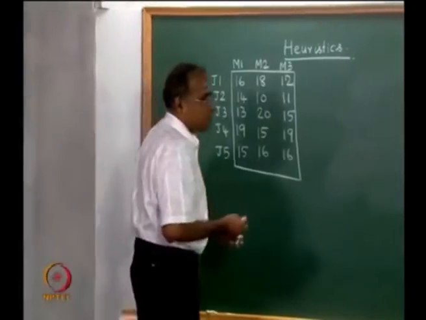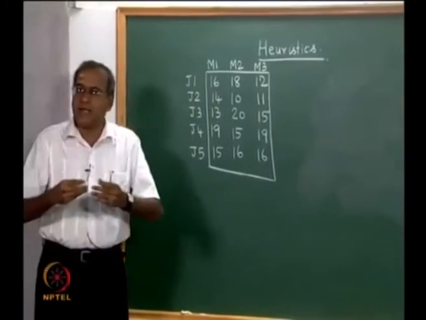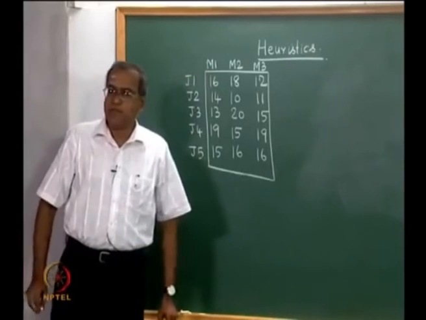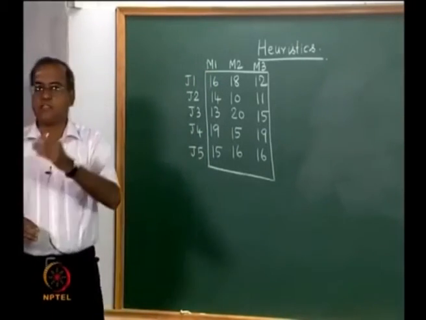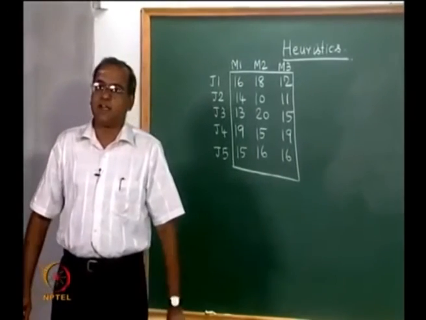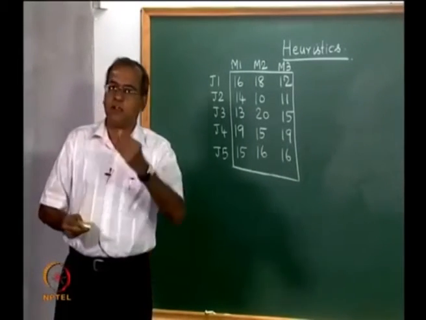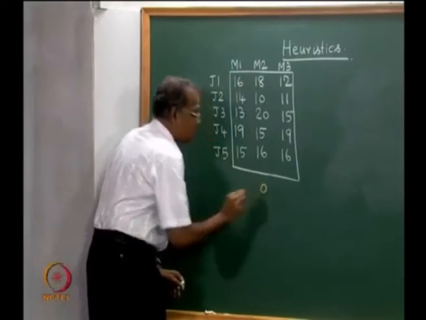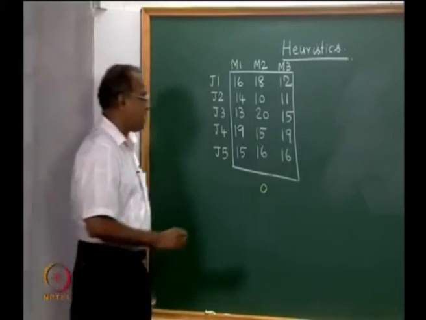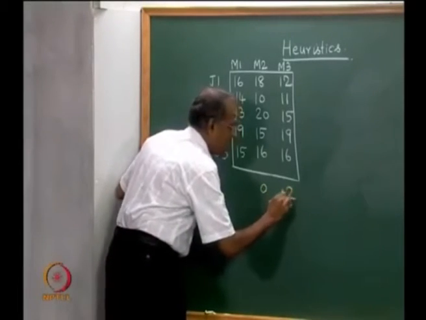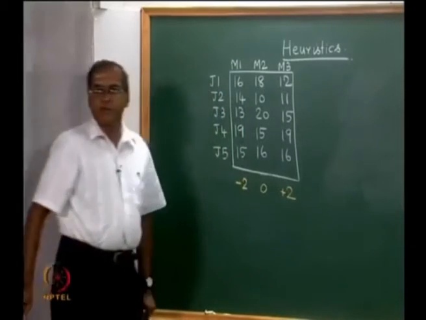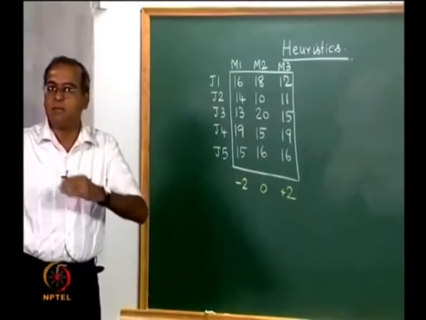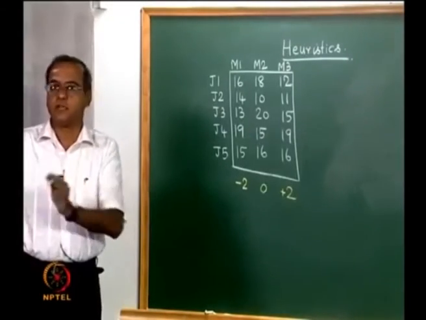The first heuristic that we will look at will try to find a weighted sum for each of these jobs. We will give some weights to each of these machines, and then find a weighted sum for every job. Let us begin with giving a weight of 0 to the machine in the middle, +2 here and -2 for this machine, and then find a weighted sum of processing times for each of the jobs.